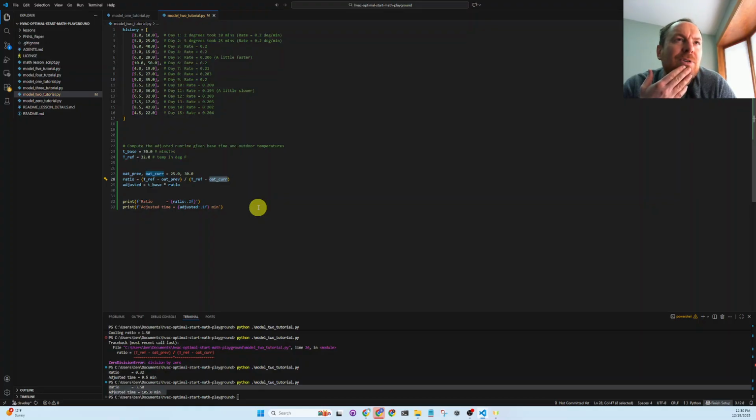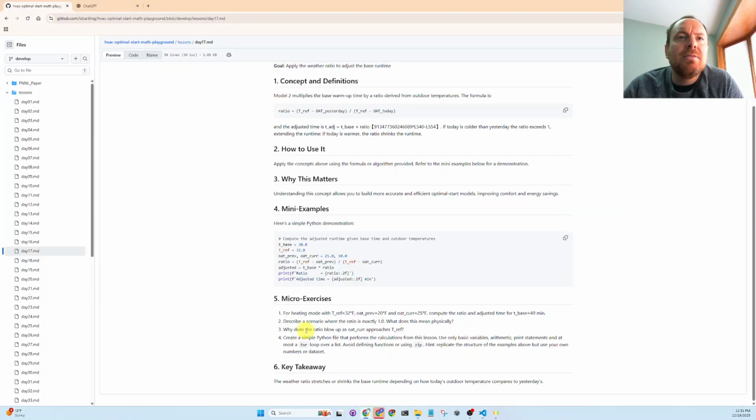I guess it's just that worst case scenario. As the current outside air temperature reaches that worst case scenario, that really makes your ratio go bonkers, I guess. Interesting.